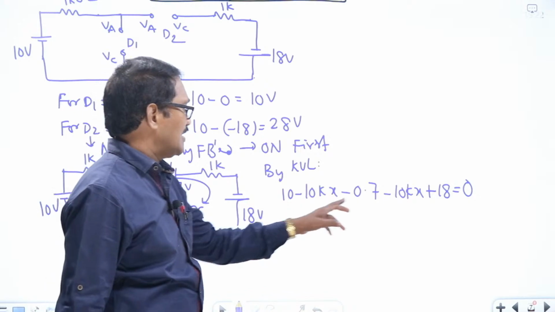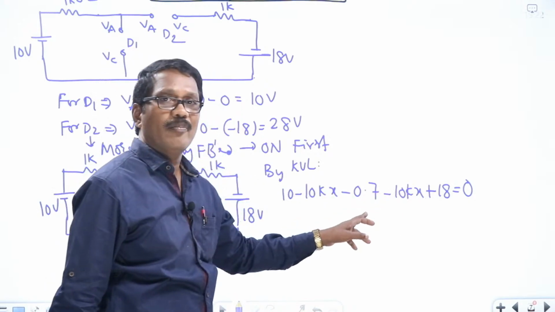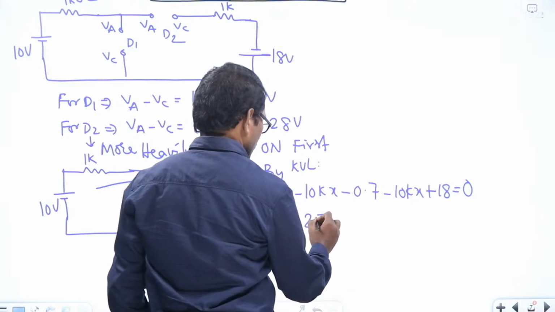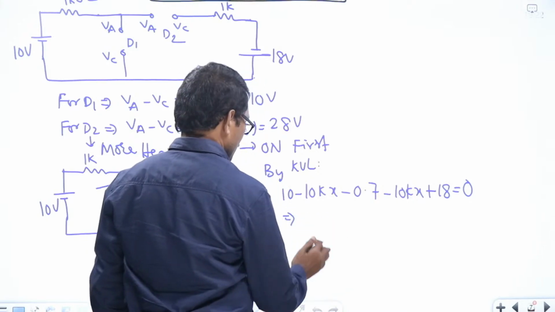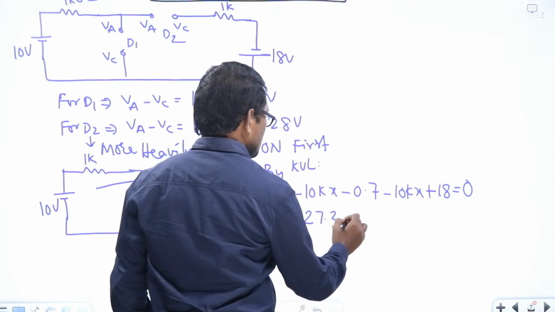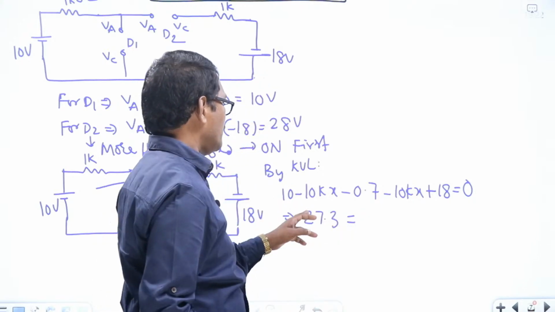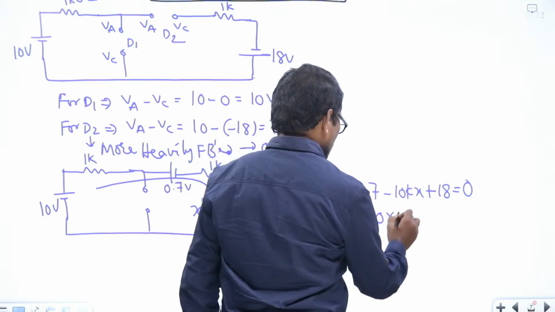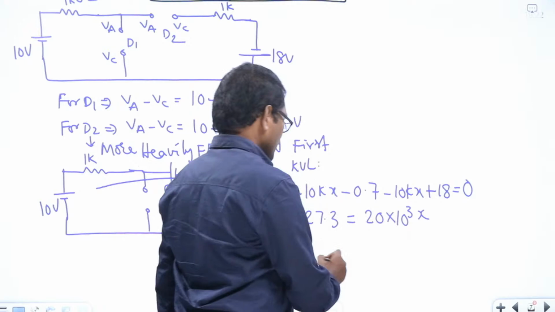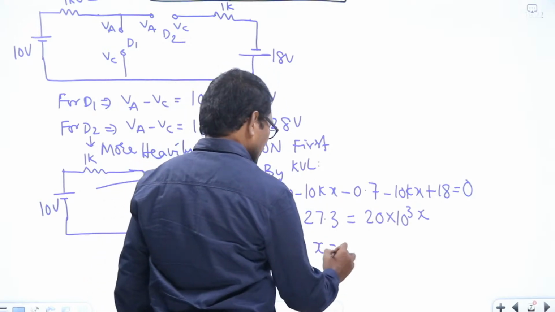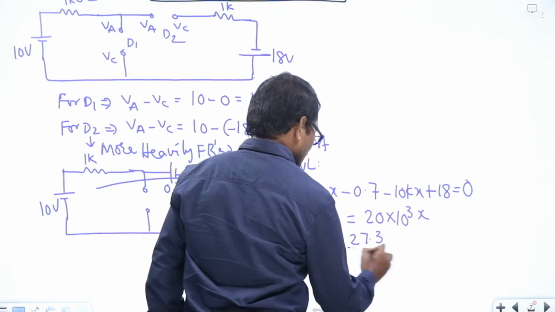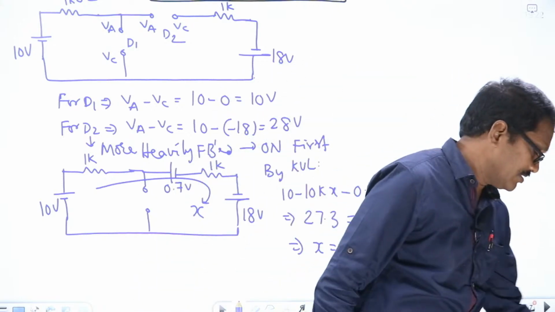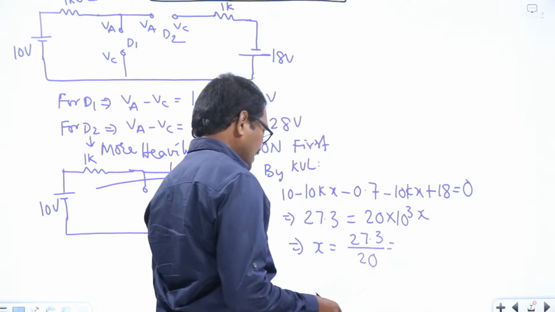That means 10 plus 18, 28, minus 0.7, 27.3 is equal to 20 into 10 cube x. That implies x is equal to 27.3 by 20. Just calculate this.